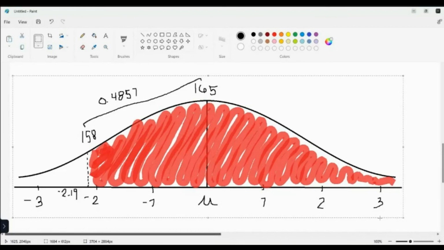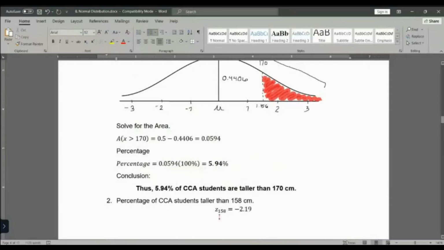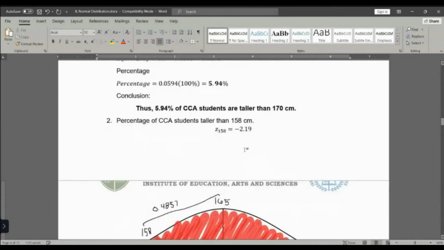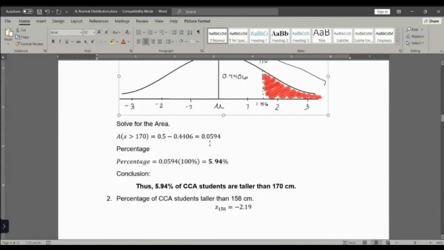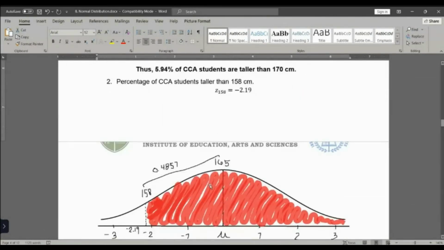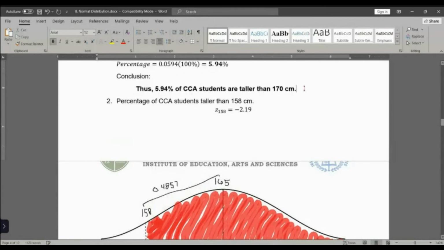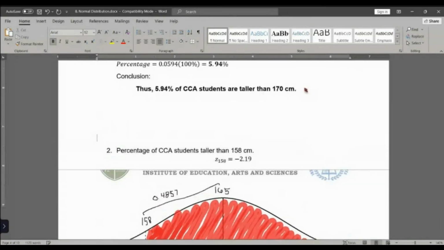Next, your area. Please observe and differentiate your illustrations in number 1 and number 2. Ano yung difference nila and how do you think this time you could solve for the area?